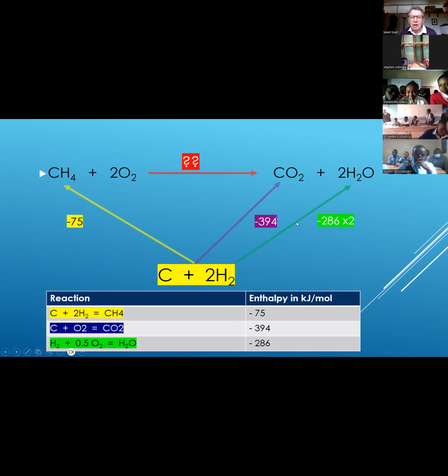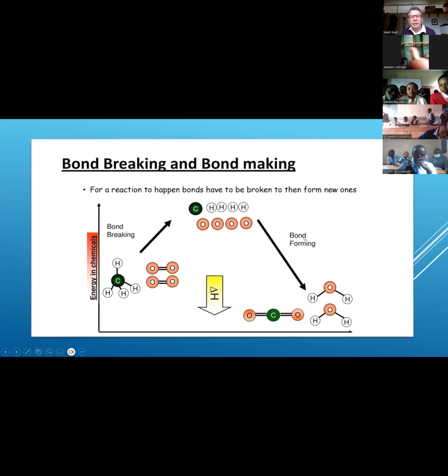Thank you. Okay, so then we moved on to bond energies. This is the same equation: CH4 plus 2O2 turns into CO2 and 2 waters, left-hand side to right-hand side. This is what we call an energy profile diagram.